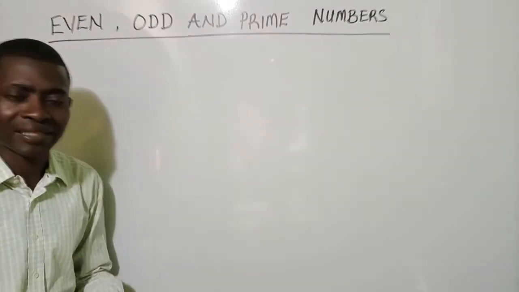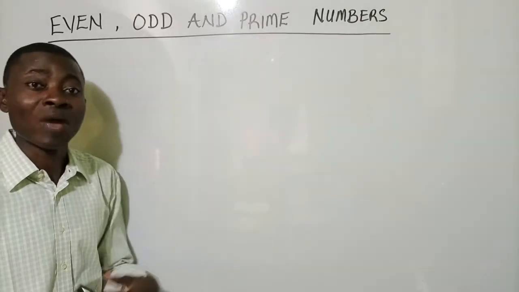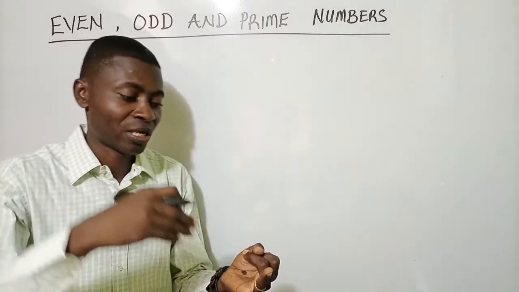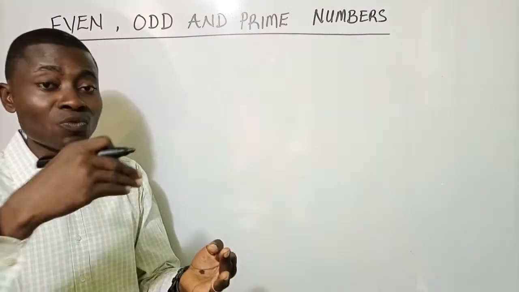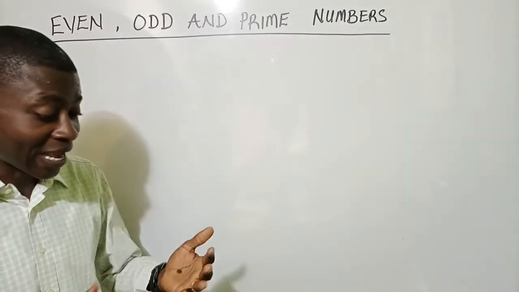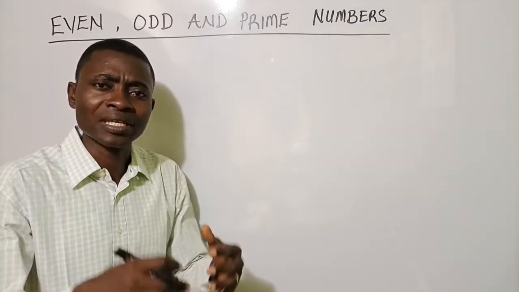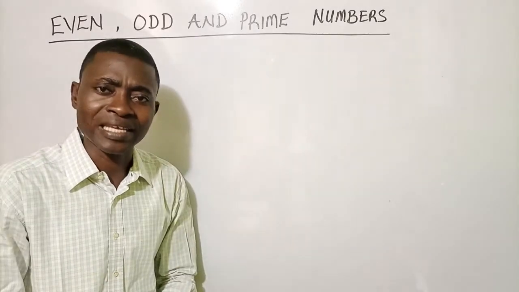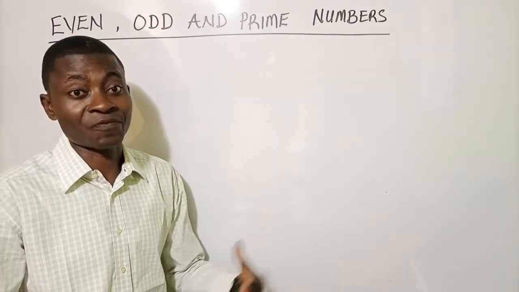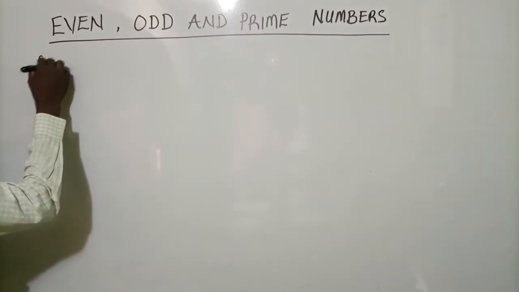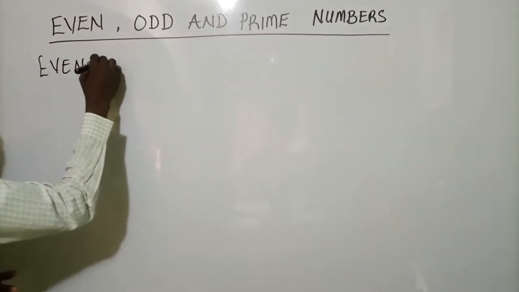And how do we identify them? We identify even numbers because they end with 0, 2, 4, 6, and 8. So any number that ends with 0, 2, 4, 6, or 8 is an even number.